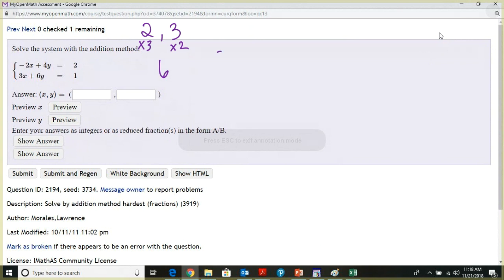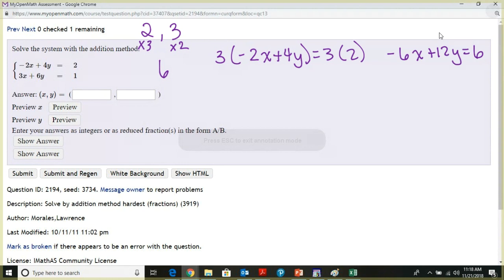So what we're going to do is multiply the first equation by 3. So that would give me -6x plus 12y equals 6. So see, I'm just multiplying the entire equation by 3. So -3 times 2, -6, 12. All right. Now the second one I'm going to multiply by 2.